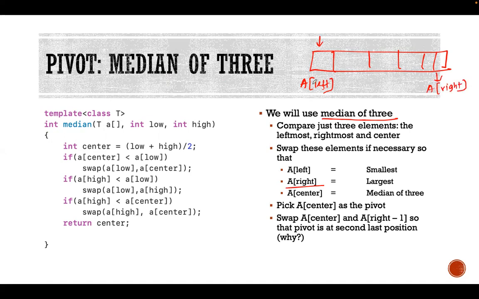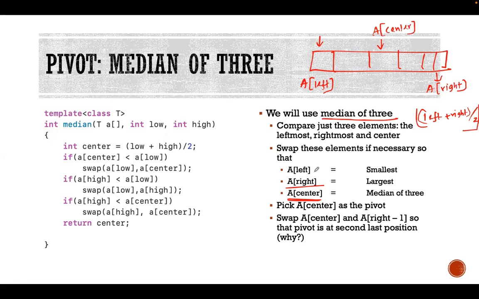So this is the leftmost element, this is the rightmost element, and we're going to take the center element. The center will be left plus right, divided by 2, and you can use the floor function or ceiling function. So this is the element a[center].